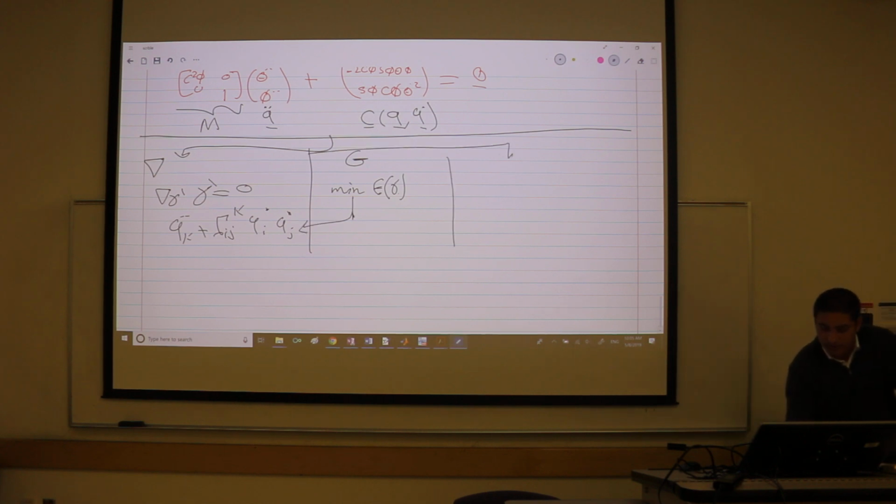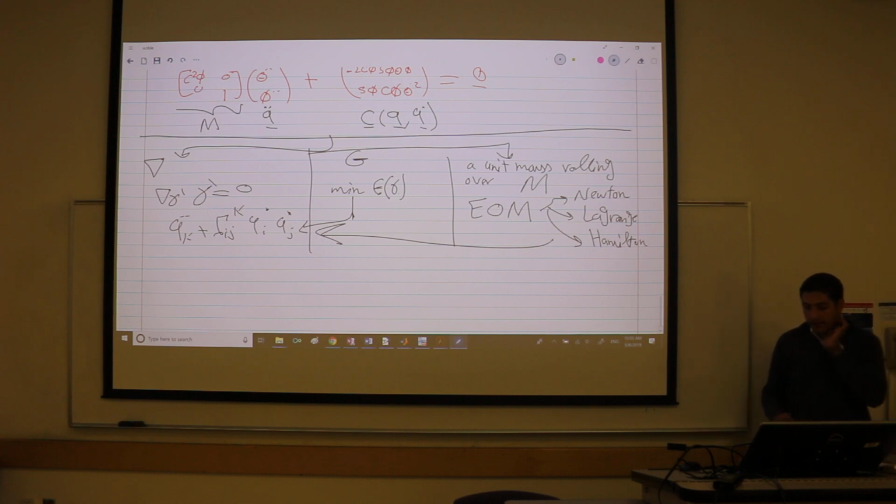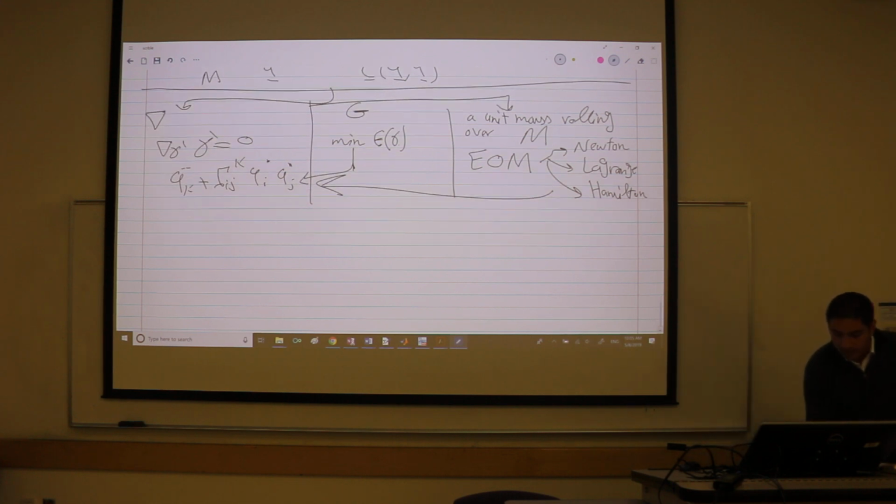Or if you start with a unit mass rolling over your manifold, and just write down the equations of motion using Newton's equations, mass times acceleration equal forces, Lagrange's equations like we did here, or Hamilton's, whatever way you like, they're going to be exactly the same. Okay? So all these are equivalent.